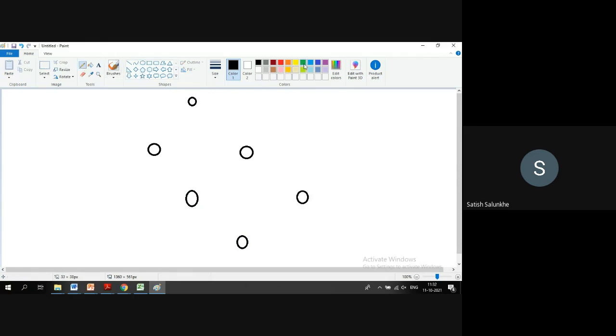And let us say this is your element F. This is F. This is, let us say, D. I'm just labeling this E. This is B. This is A. And this is C. So A is related with B. A is related with C. B is related with D. B is related with E. D is related with F. E is also related with F. And C is related with E.